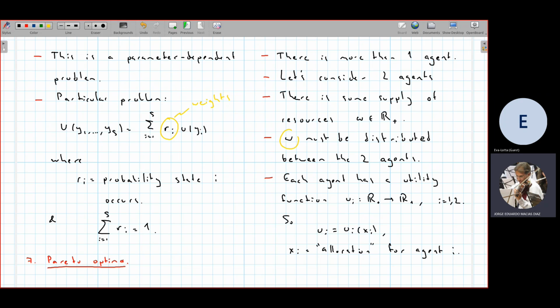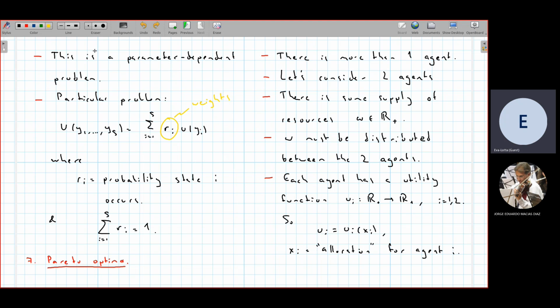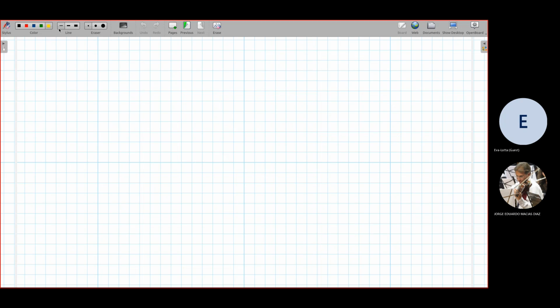There is this amount of resources. A certain amount is going to be allocated for agent 1 and a certain amount is going to be allocated for agent 2. Those amounts are going to be represented by x1 and x2. So that's essentially the idea. May I change the page? Yes, thank you. And the pair x1, x2 is going to be called the allocation vector.